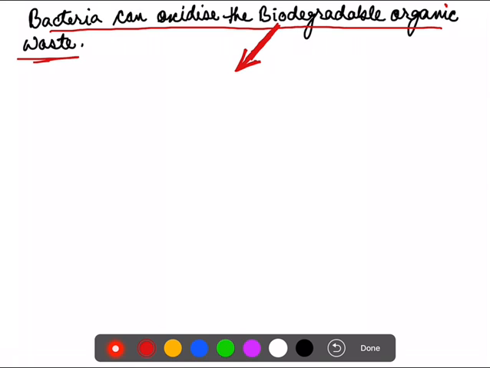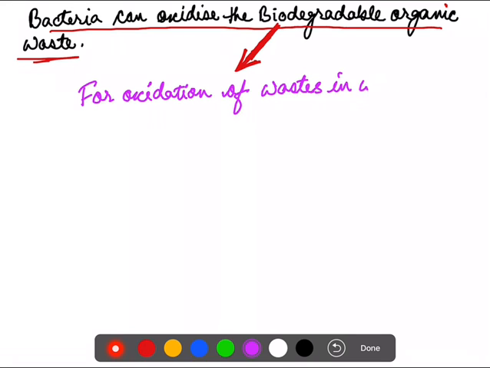Since there are aerobic, anaerobic and facultative bacteria, what happens for oxidation of waste in wastewater?